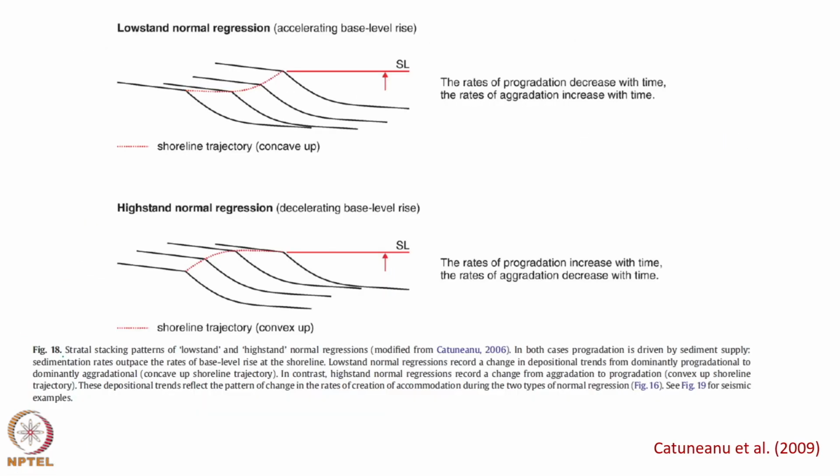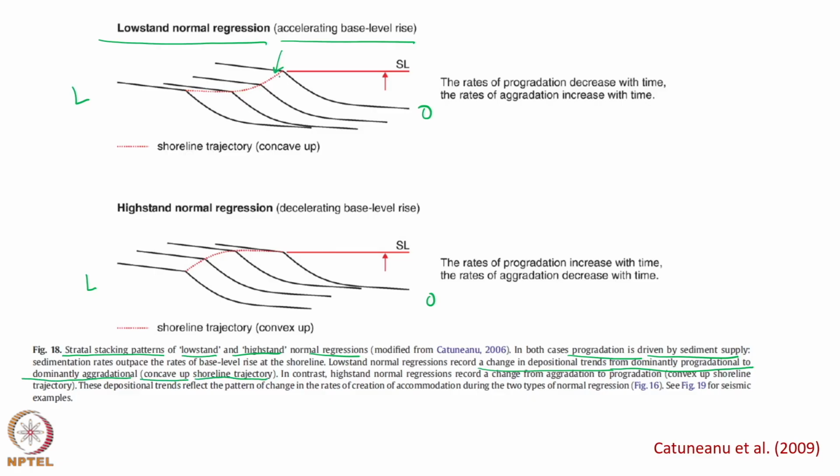We are going to see how the stratal stacking patterns of lowstand and highstand normal regressions affect the coastal geometry. In both cases, progression is driven by sediment supply. This is the landward side, this is the ocean side. In the case of a lowstand normal regression, accelerating base level rise produces a change in depositional trend from dominantly progradational to dominantly aggradational, and it leads to a concave up shoreline trajectory.